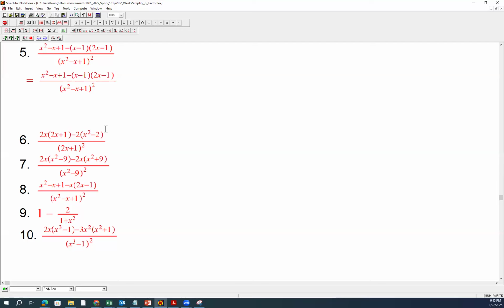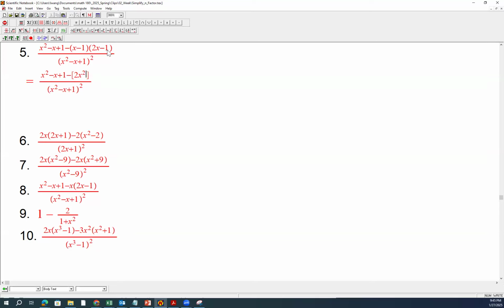So this time we have to FOIL these two. When I FOIL these two, to be extra cautious, I would like to put a bracket, so I'm going to FOIL only this part. The negative sign, I'm going to leave out. I'm going to do x times 2x, that makes 2x squared.